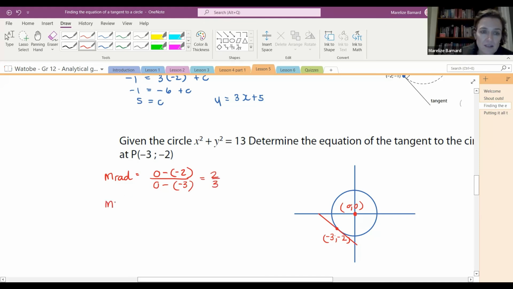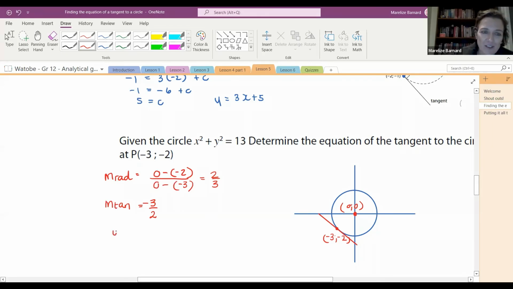So that means for our gradient for our tangent, we can just flip over the gradient for the radius. So that gives me 3 over 2 and change the sign. So it's -3 over 2. So I see quite a few of you got the 3 over 2, but you forgot about the negative 3 over 2.